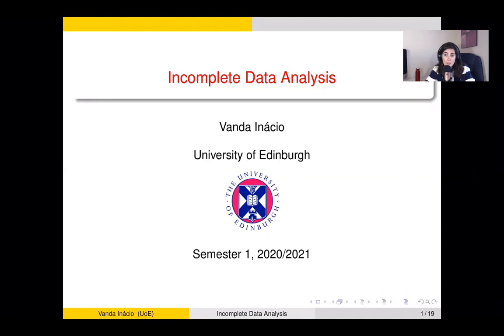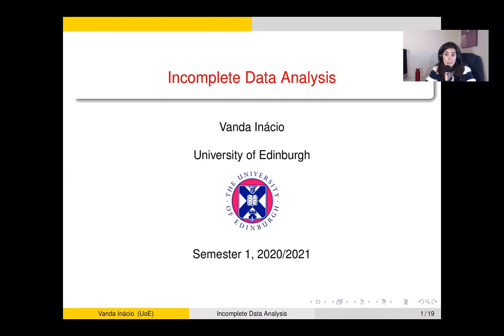We have seen in the last week that under ignorability we can obtain maximum likelihood estimates for the parameter of our complete data, the parameter that we would be interested in case there were no missing values, by simply maximizing the likelihood of the observed data.